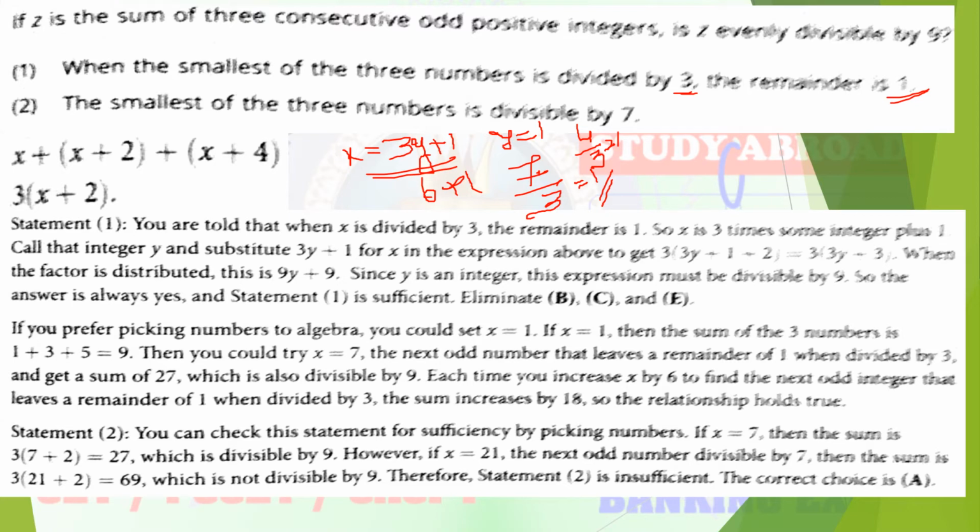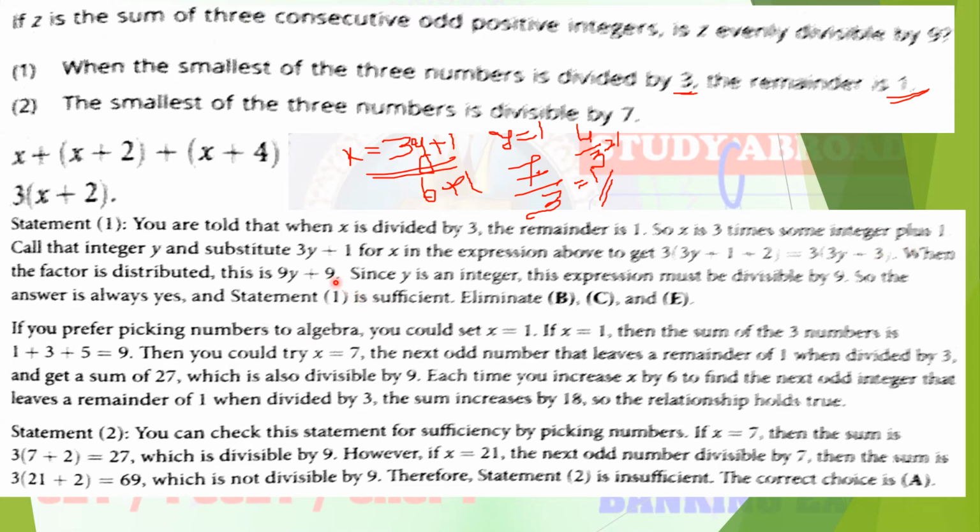Once you find this, you just substitute the x value here. So x is 3y plus 1, plus 2. So you will get the final expression: 3y plus 3, and 3 times that is 9y plus 9.